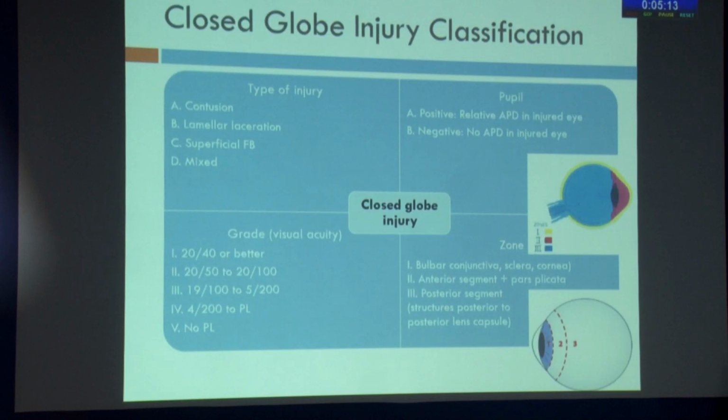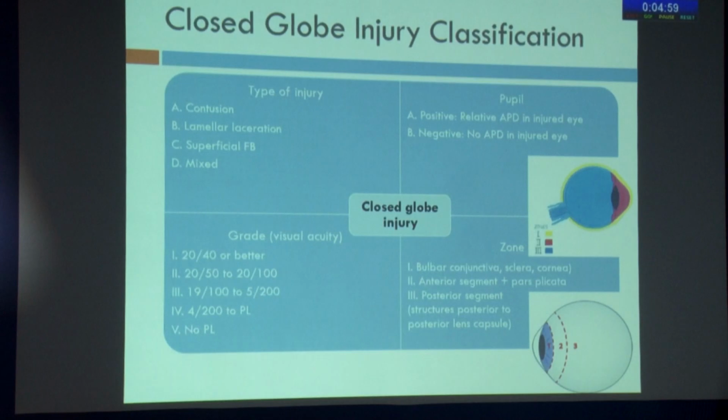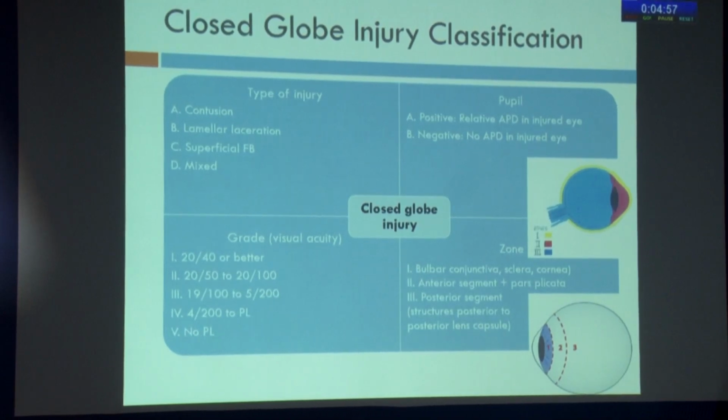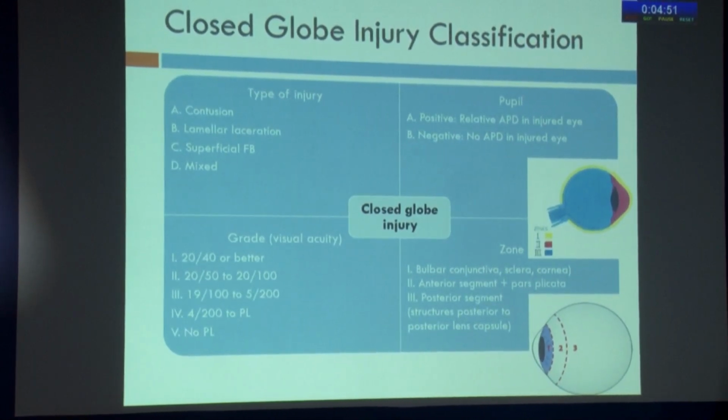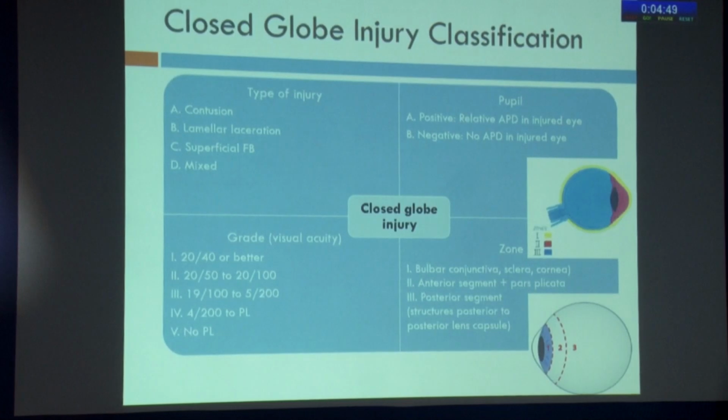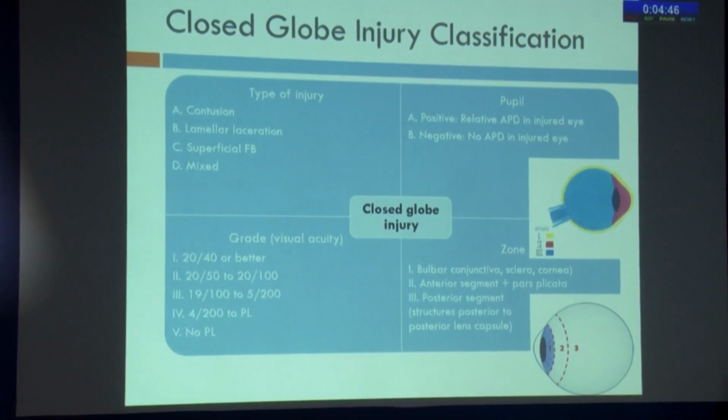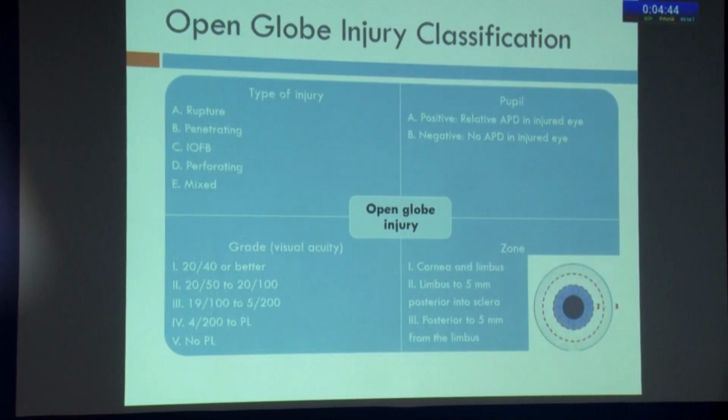So when we talk about closed globe injuries, the type of injury could be a contusion, type A; type B is lamellar laceration, type C is superficial foreign body, and type D is mixed. Talking about the zone of injury, which is very important, zone 1 is when the injury is just in the bulbar conjunctiva, sclera or cornea. Zone 2 is when it involves the anterior segment or the pars plicata, and zone 3 is when the posterior segment is involved. Then we also look at the pupillary reactions and grade the visual acuity.